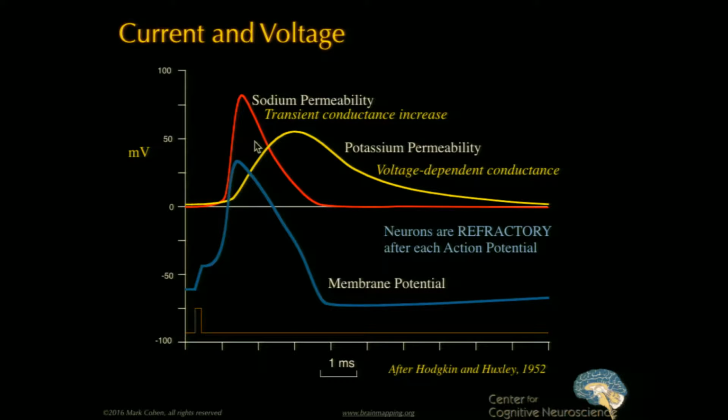And for reasons that are not entirely well known, the sodium permeability is transient. It just stays open for a small amount of time, and then those gates close. The combination of the incoming positive charge and the outgoing potassium charge ends up producing this brief action potential.